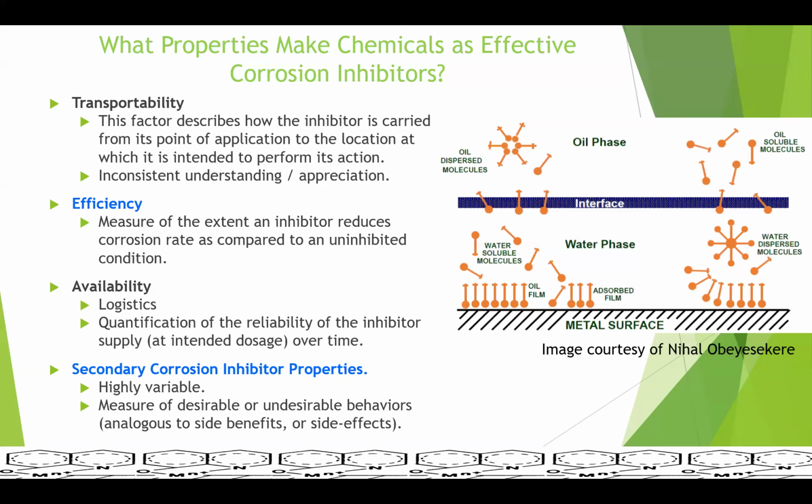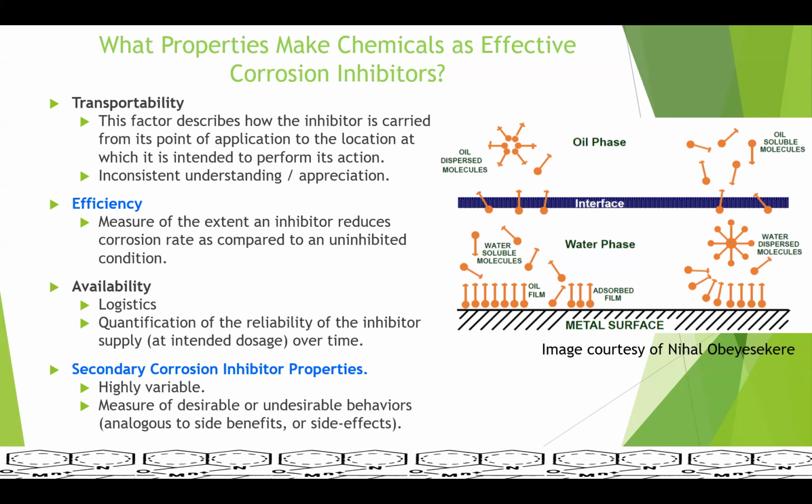In the slide that Nihal provided, if I inject the inhibitor in the oil phase, it has to go through the interface, through the water phase, and reach the metal surface. That is what we call transportability. And to our knowledge, we don't have a good understanding or good appreciation of the transportability factor.